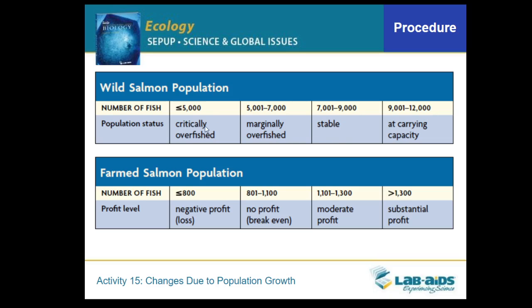If we start to try to think about what do the numbers mean, so we have these population numbers, what do those numbers mean? We started out at carrying capacity, so around that 10,000 mark, we were sort of at carrying capacity, the maximum we could have in that wild population anyways. And pretty quickly we see that it starts dropping off into some stable and then overfished and critically overfished ranges. We also can consider the profit margin for our farm.